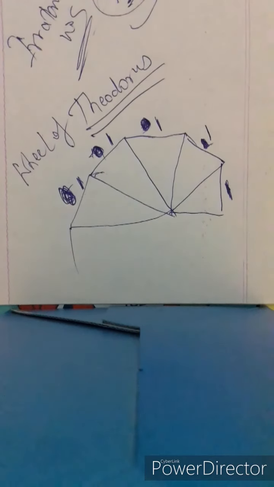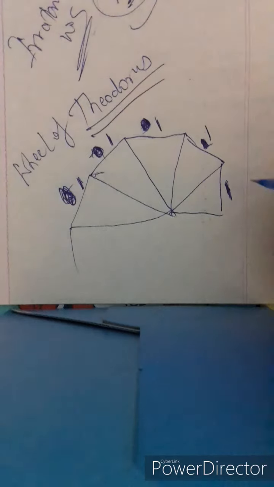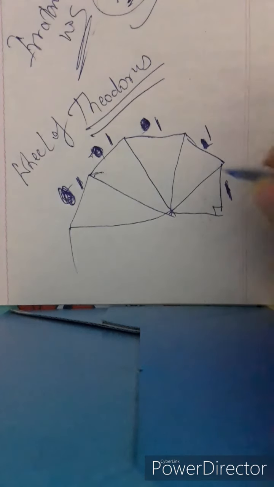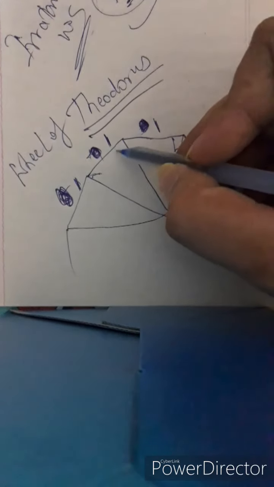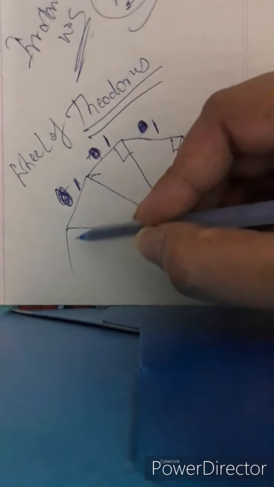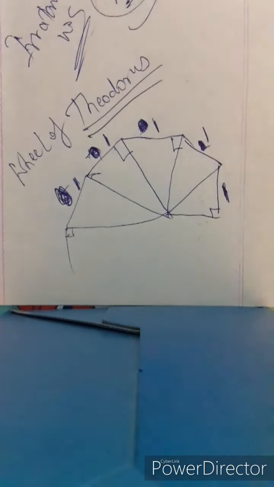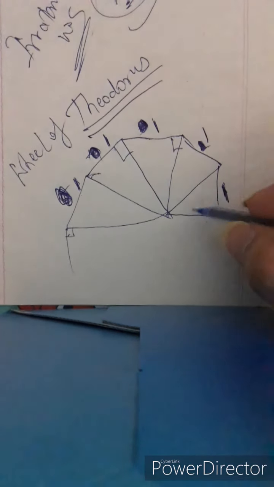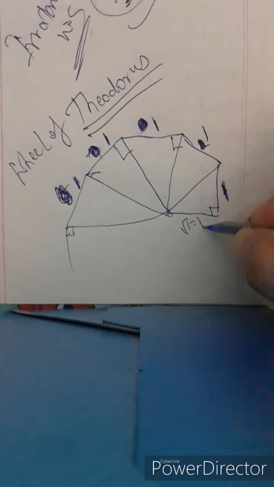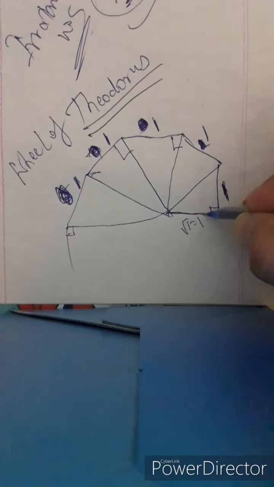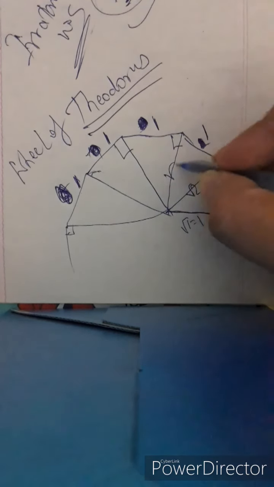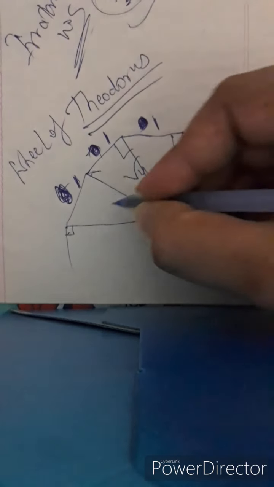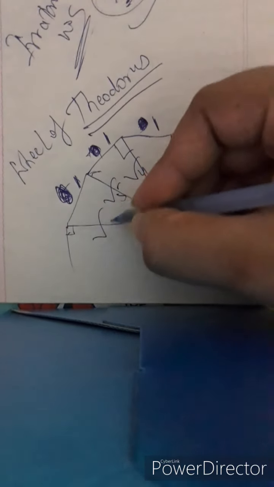These are the right angles of the triangles. Here it is root 1, that is equal to 1. This becomes root 2, this becomes root 3, root 4, root 5, root 6, like that.